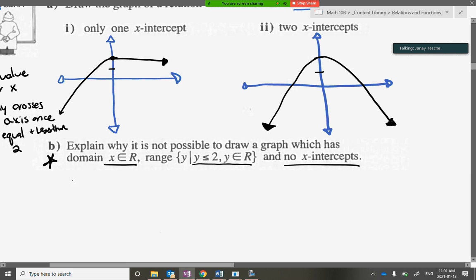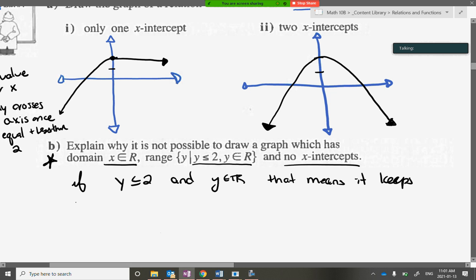So if y is less than or equal to 2 and an element of the reals, that means it keeps going into our negatives, which isn't possible unless it crosses 0 or the x-axis.